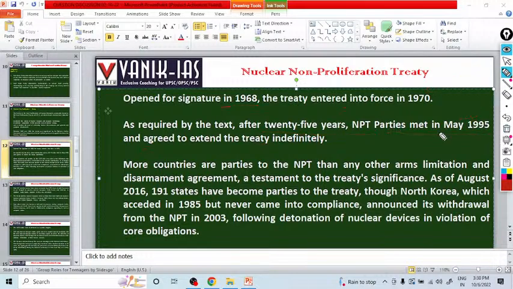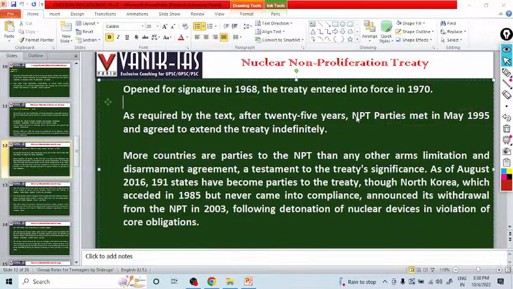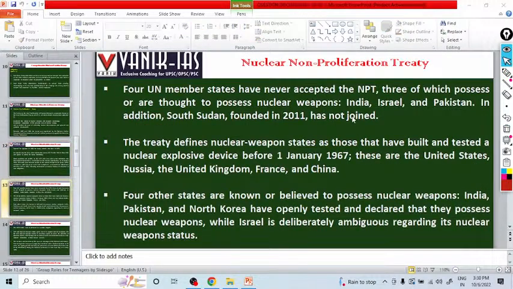And who else was not in this treaty? Four UN member states have never accepted the NPT, three of which possess or are thought to possess nuclear weapons: India, Israel and Pakistan. These three countries, although they possess nuclear weapons, have not signed it. In addition, South Sudan, which was created in 2011, has not joined it.